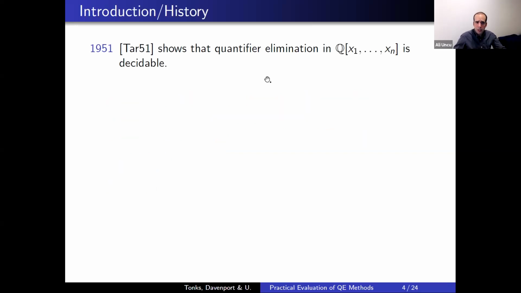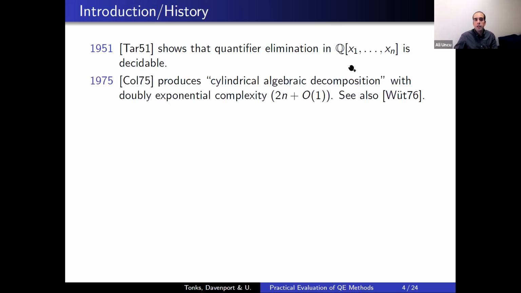Let's talk about the history a little bit of quantifier elimination. In 1951, Tarski showed that you can do quantifier elimination with polynomials with rational coefficients. It's decidable. And Collins later in 1975 came up with the cylindrical algebraic decomposition idea, and that has a double exponential complexity in the number of variables.